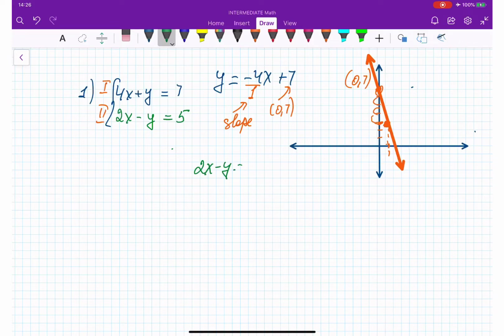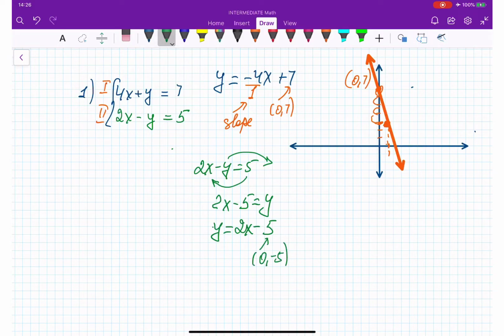Since y is negative, I don't want to keep it negative. So I move negative y to one side, and positive 5 to the other. And I will get 2x minus 5 is equal to y. Now I can rewrite it as y is equal to 2x minus 5.